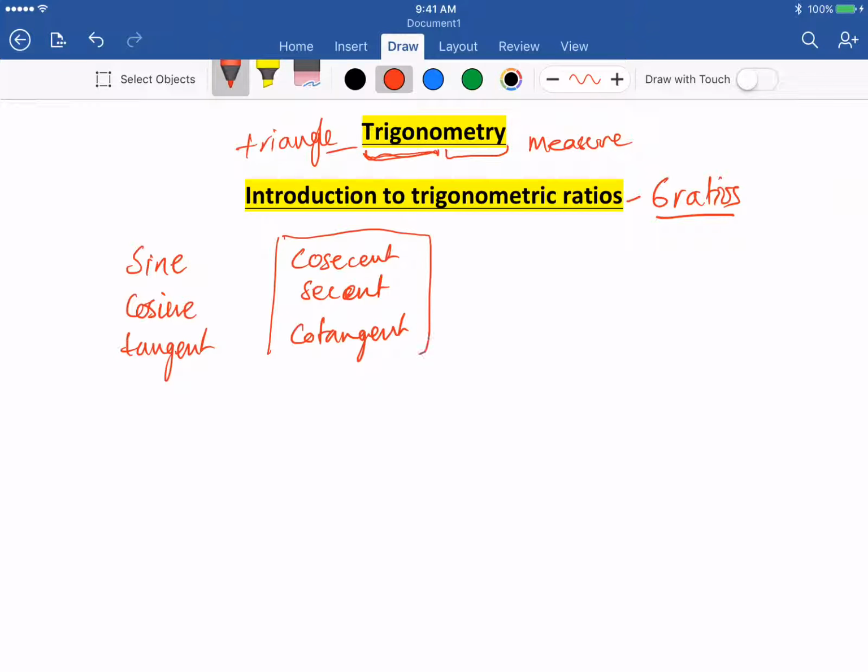The last three we're going to study at A levels. The first three we're going to study at GCSE level.